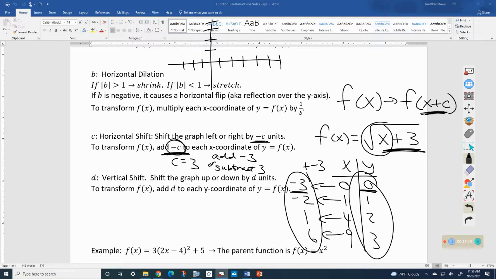My next ordered pair is negative 2, 1. Then 1, 2. Then 6, 3. Notice that it is the square root function shifted to the left by 3.